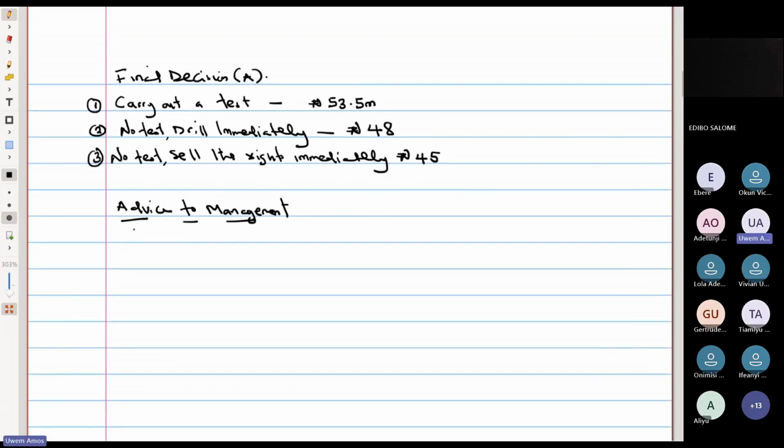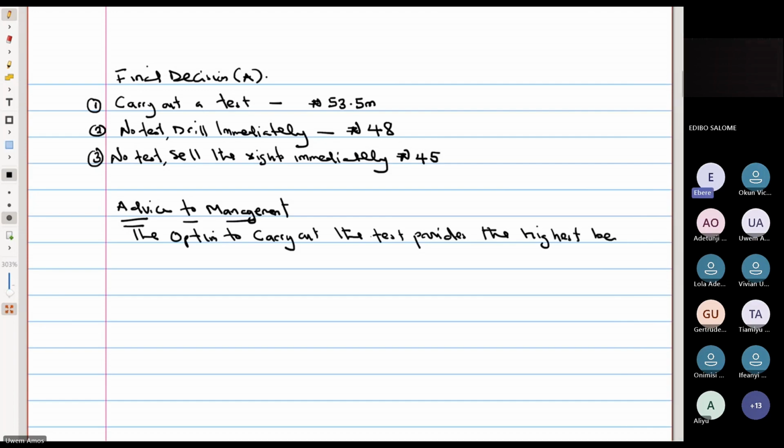So the option to carry out the test provides the highest benefit to the organization.